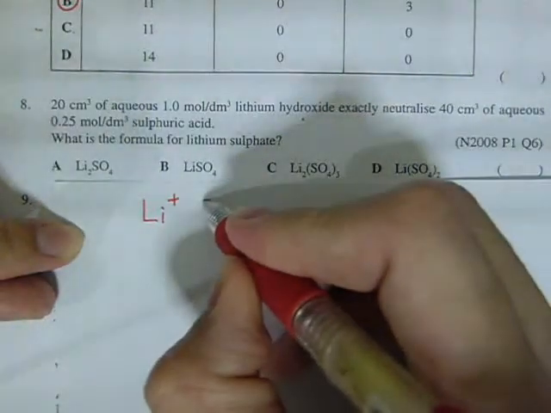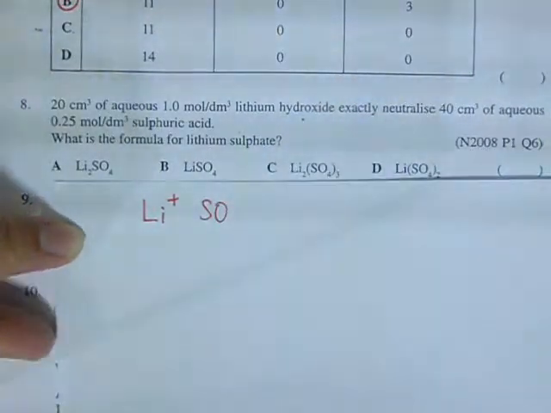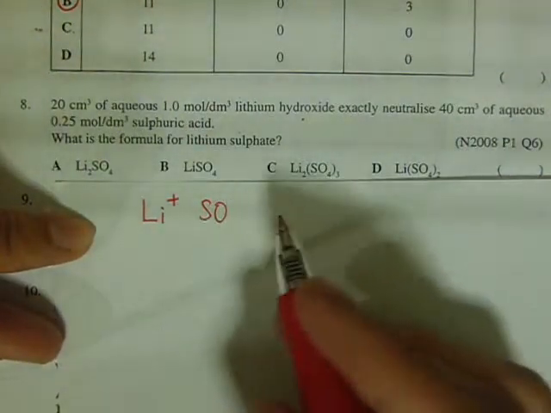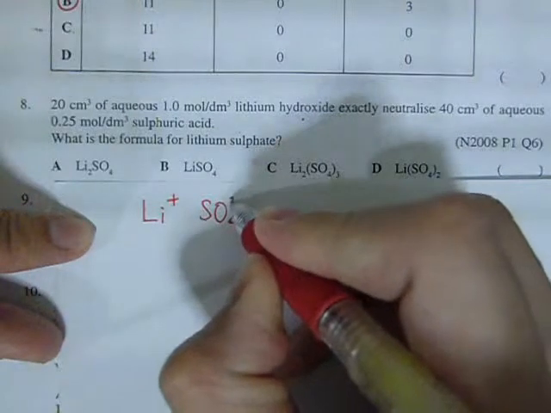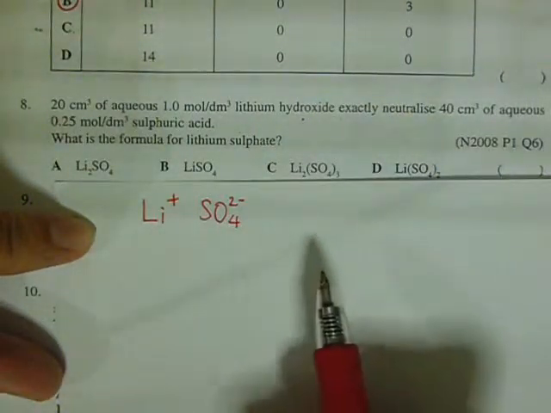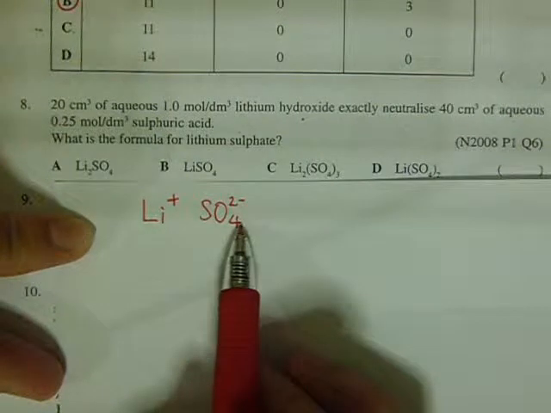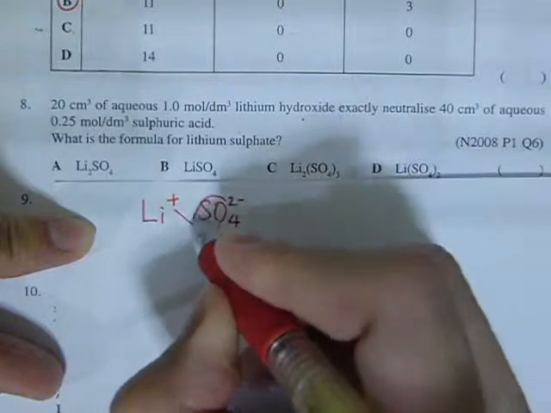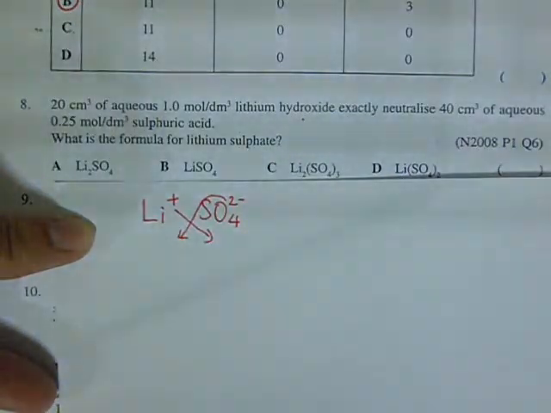And sulfate, you know that this is one of the ions, the formula for the ions which you need to remember. The sulfate ion is SO4 2 negative. So this is actually an ionic compound, a positive ion and a negative ion combined together. So how do you write the formula for the ionic compound?